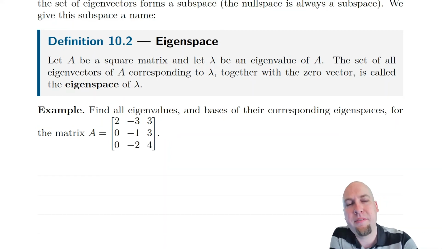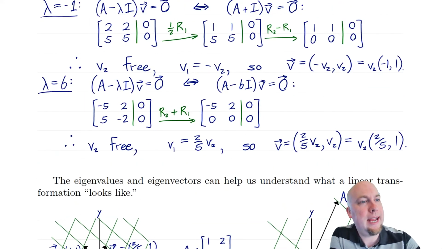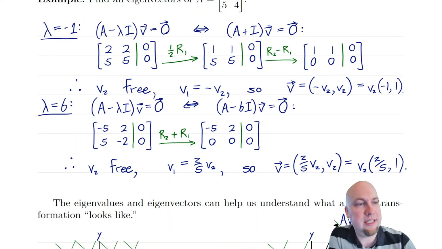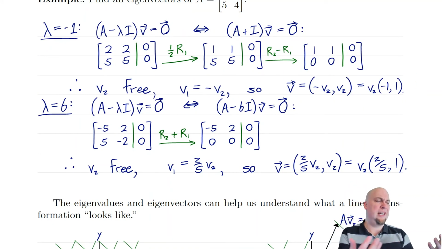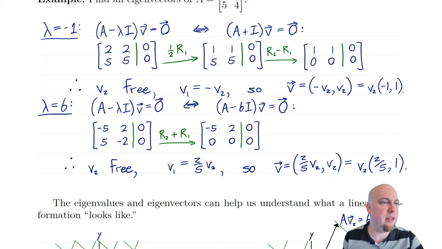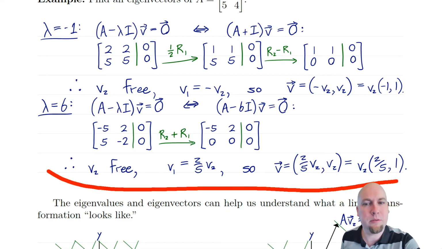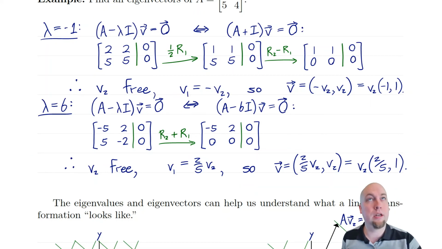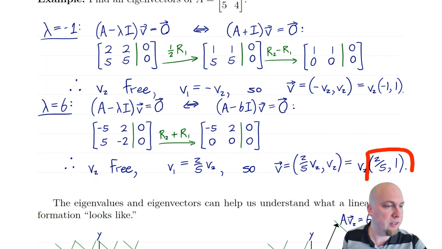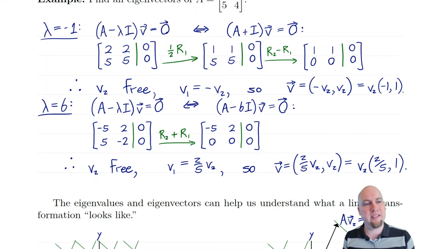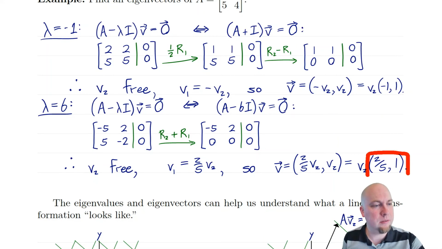Just like in this previous example, we could say the set of all eigenvectors is the set of multiples of minus 1, 1, but now that we know eigenspaces are always subspaces, we can just say its basis is this vector here. Similarly down here, for lambda equals 6, rather than saying it's the set of all multiples of 2/5, 1, we can just say it's the subspace that has basis 2/5, 1.